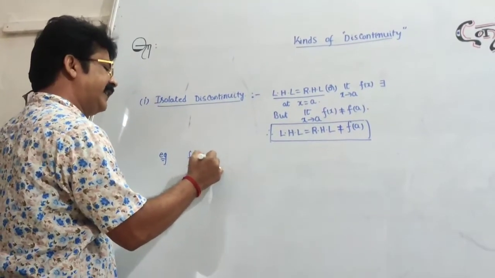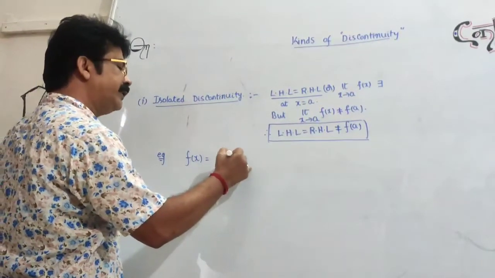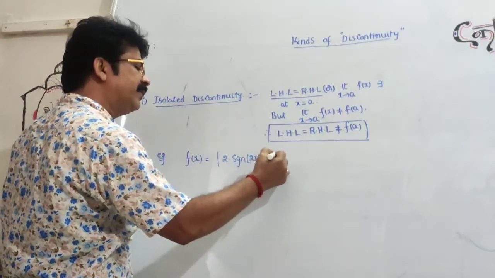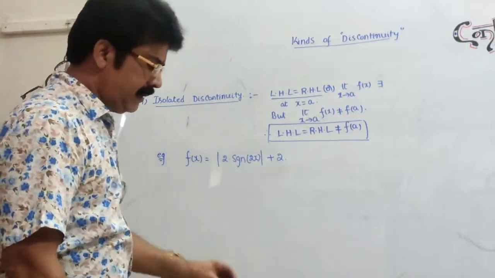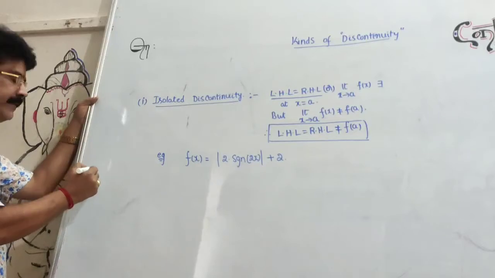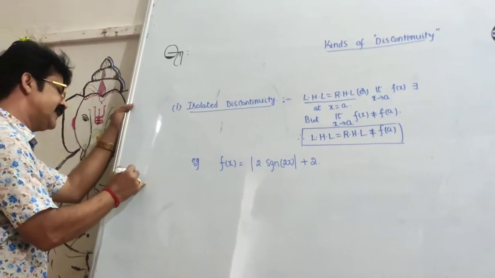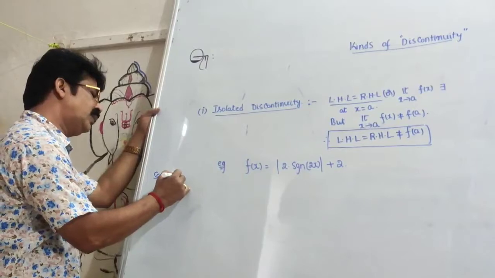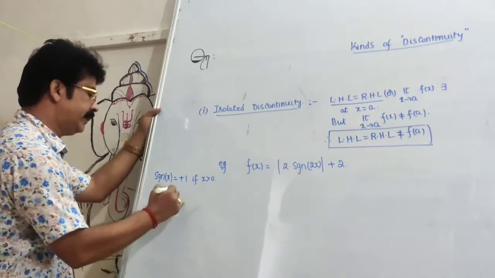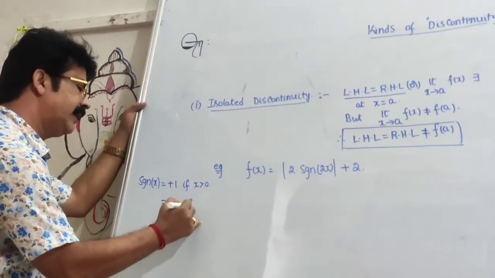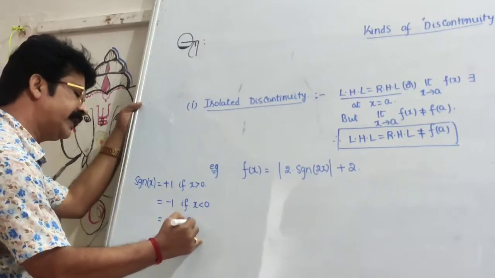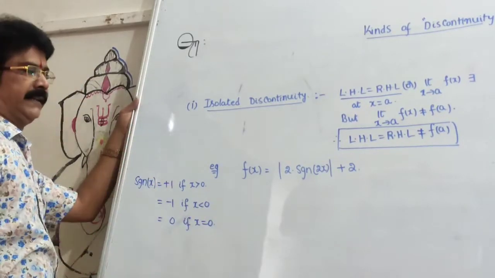f of x is equal to modulus of 2 into signum of 2x plus 2. This is the best example. Here already I said the signum function definition. Signum of x equal to plus 1 if x is greater than 0, equal to minus 1 if x is less than 0, equal to 0 if x equal to 0.